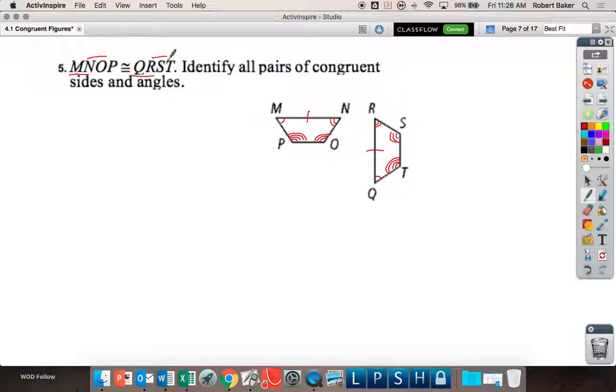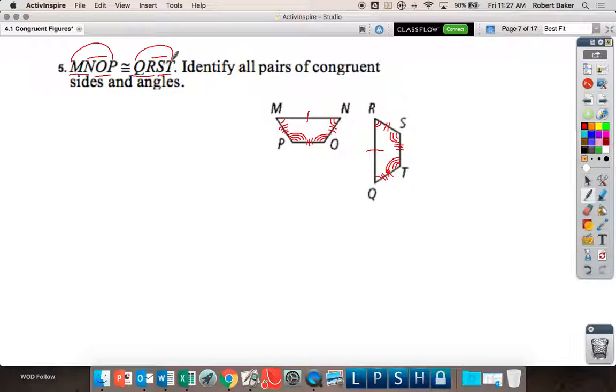So just keep going around. Now you can skip around if you want to, it doesn't really matter. Then OP and ST. And then finally the last unmarked side, QT and MP. That's the first letter and the last letter.